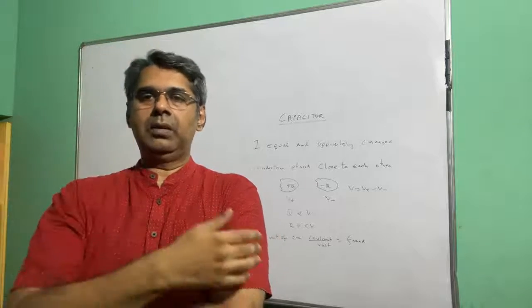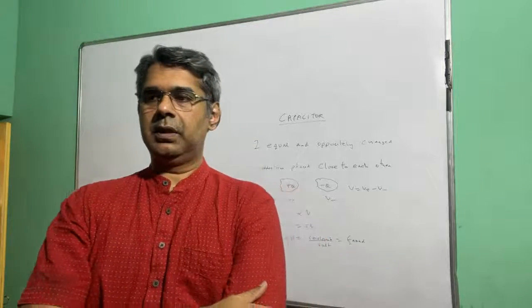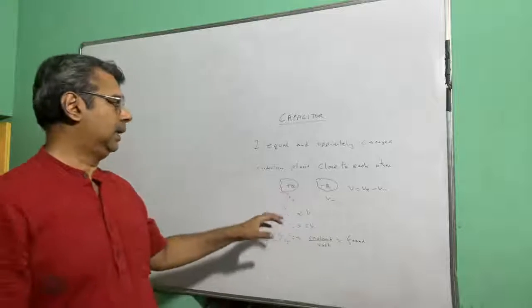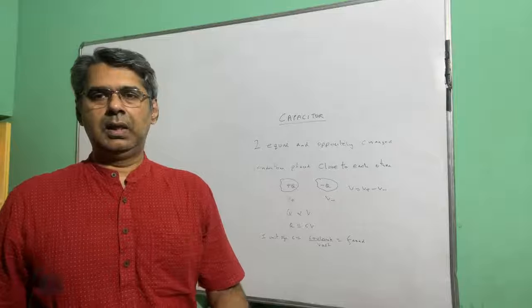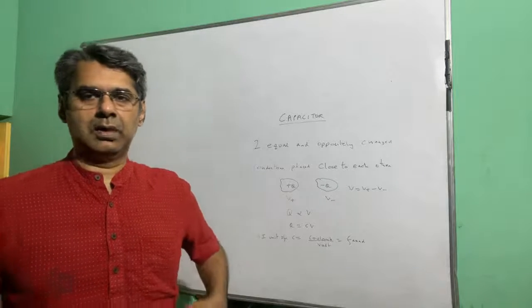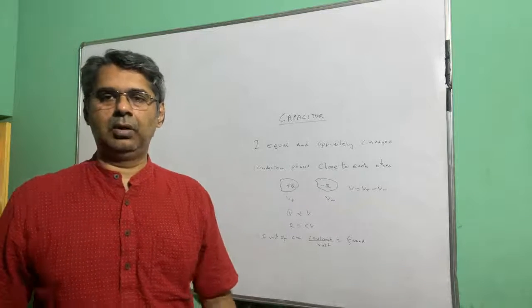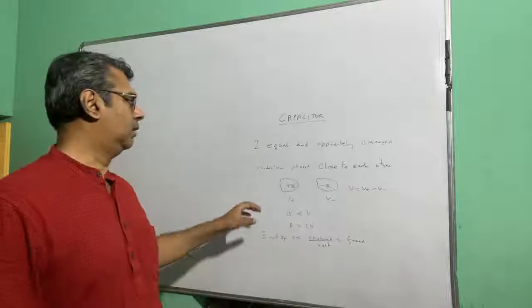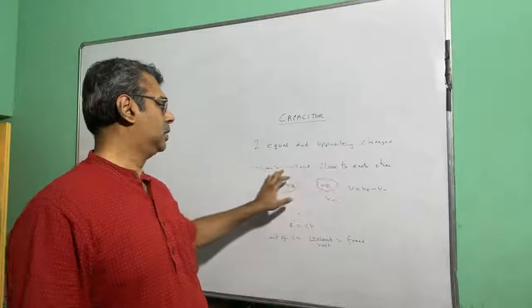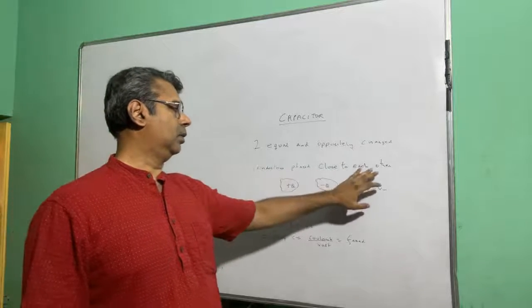So what we do essentially in a capacitor is that we take two conductors. We all know what conductors are, but the ones which we prefer to use are metallic. So we have two equal and oppositely charged conductors placed very close to each other.